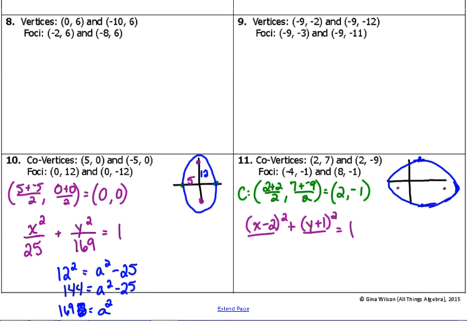But this time we can find the number that goes over y a lot easier, because if we calculate the distance from our center at 2, negative 1 to either co-vertex, to get from negative 1 to 7, it's 8. To get from negative 1 to negative 9, it's 8. So that's over 8 squared, 64. Y terms over 64.